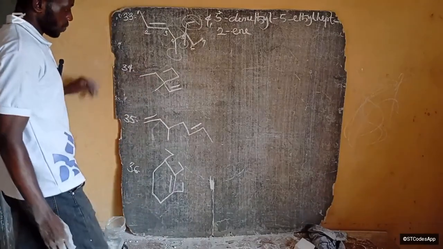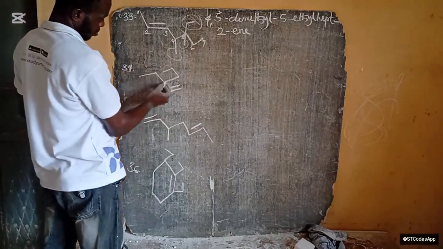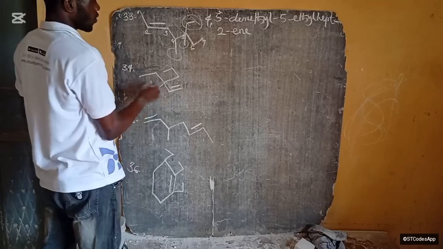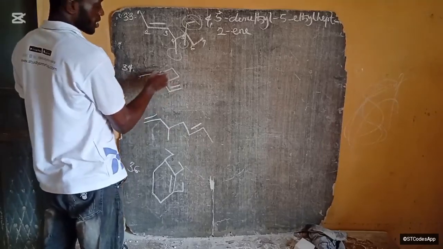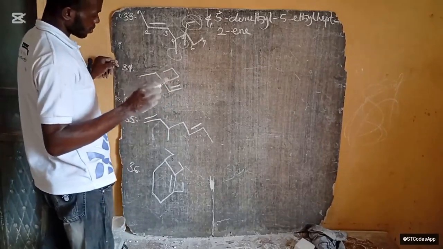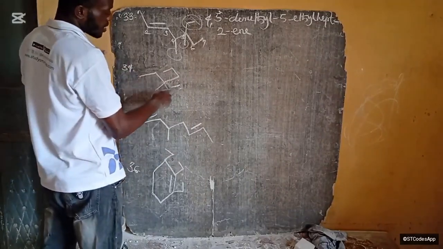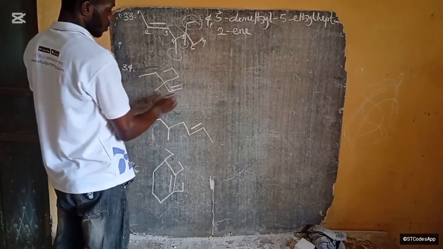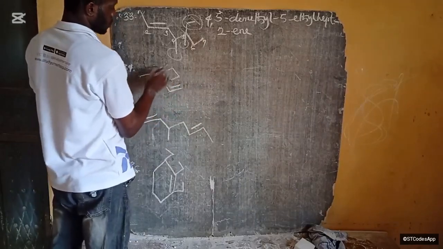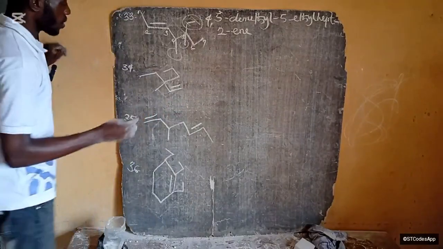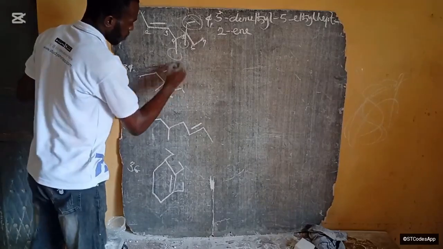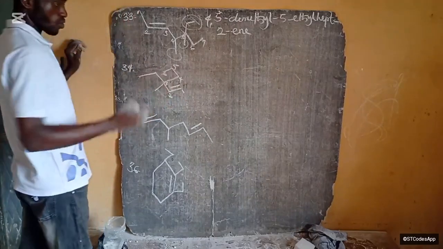Then for this one, we're going to have 1, 2, 3, 4, 5. Now, you cannot go here 1, 2, 3, 4, 5, 6 because there's a double bond here. So you have to honor that double bond. So let's go from the double bond: 1, 2, 3, 4, 5, 6. So you see, the longest is actually 1, 2, 3, 4, 5, 6. Notice it's not touching.